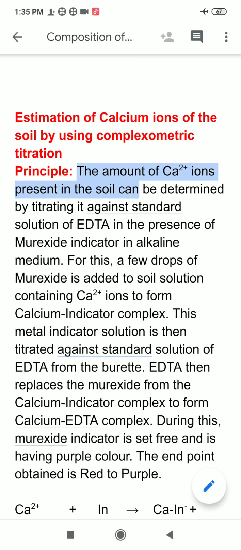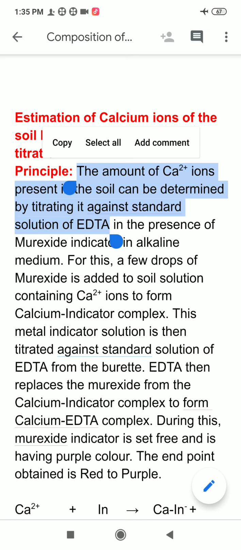The amount of calcium ions present in the soil can be determined by titrating the soil solution against standard solution of EDTA. Standard solution of EDTA means any solution of EDTA whose strength, or I can say normality or molarity, is known.